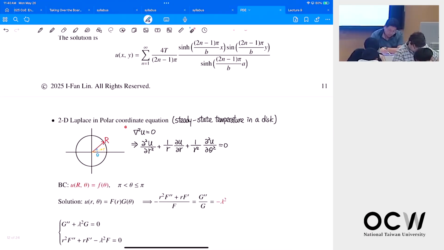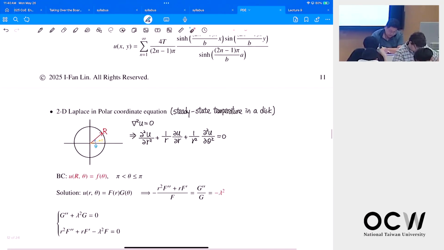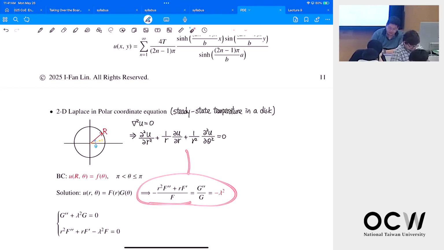In the polar coordinate equation, our boundary conditions are, and we don't have an initial condition, we only have boundary conditions. It's a little bit different. For the solution, we still have the separation of variables. So we have the solution with r, the radius, and also theta. Then we bring it back to the partial differential equation and we get this form. And still, we can separate these two dimensions, and then that will equal a constant.